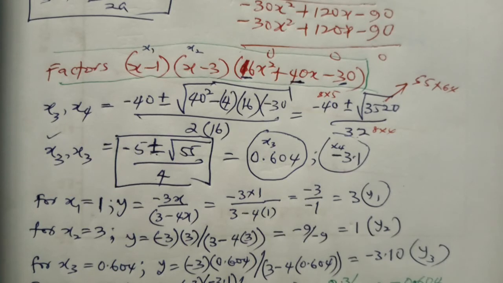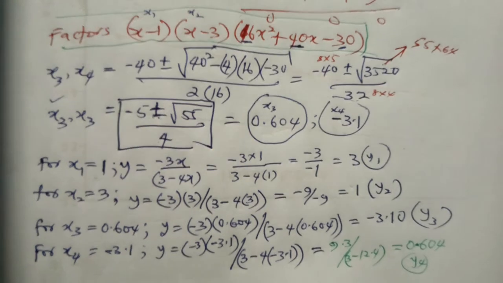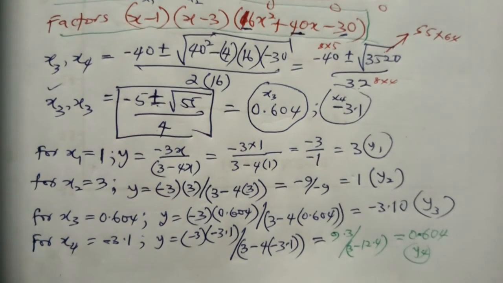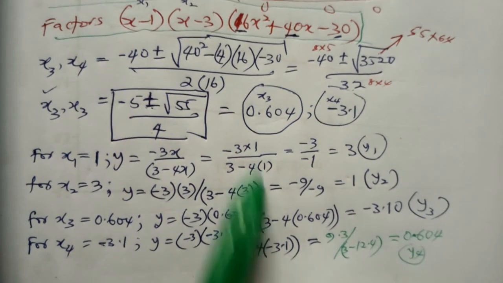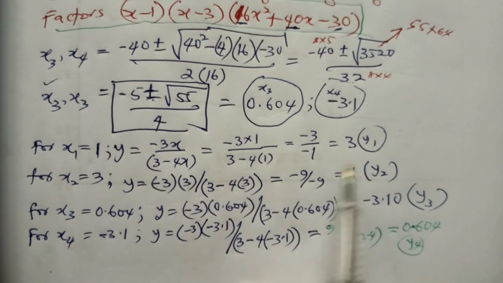What we have done now is the way to do it. We have invoked so many theorems, the remainder theorem, polynomials and what have you, in order to arrive at this answer. x1 is 1, then y1 is 3, x2 is 3, y2 is 1, x3 is 0.604, y3 is minus 3.1, x4 is minus 3.1, y4 is 0.604. So that's how to do it.